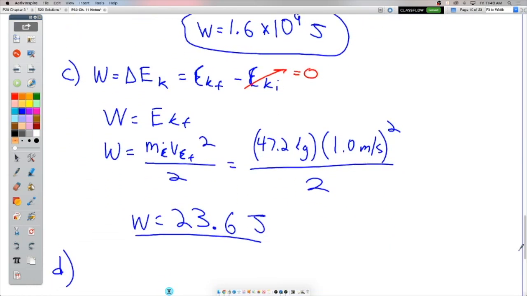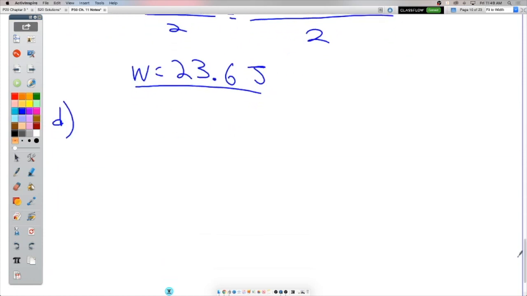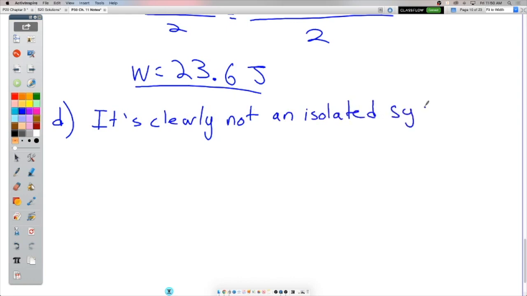So energy is clearly being lost somewhere, because all the work done on the hydrogen is not being done on the engine. So we haven't considered the work being done on something, is all that means. To comment on it, it's clearly not an isolated system, because no system at the end of the day is truly isolated unless the system you happen to be talking about is the universe.